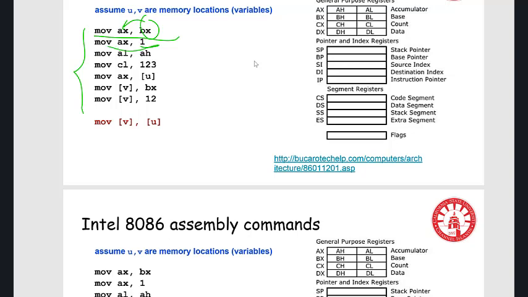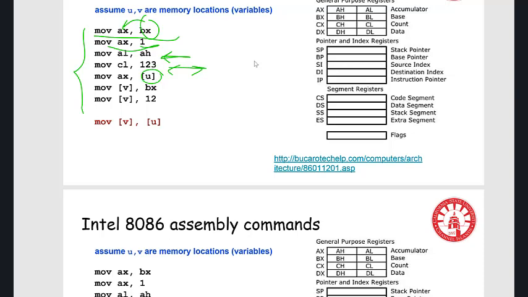Here we move the number 1 into register AX. Here we put the content of the AH register into the AL register. Here we load register CL with the number 123.